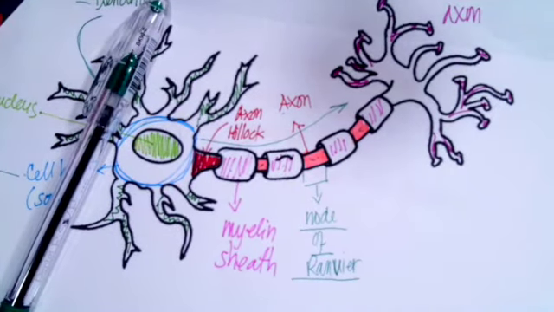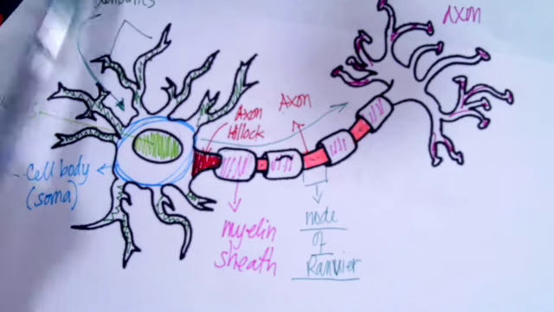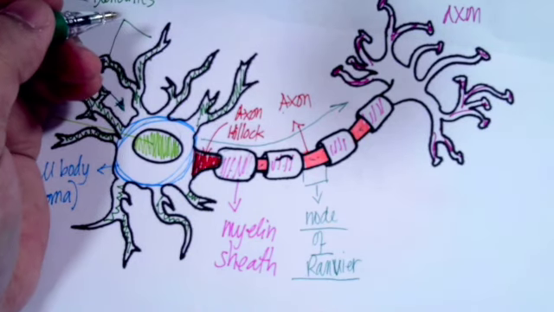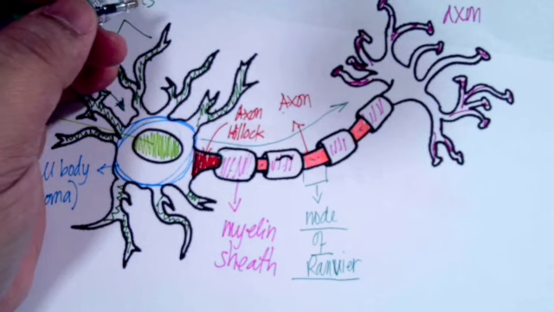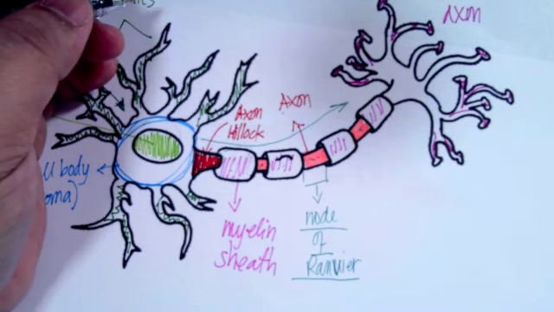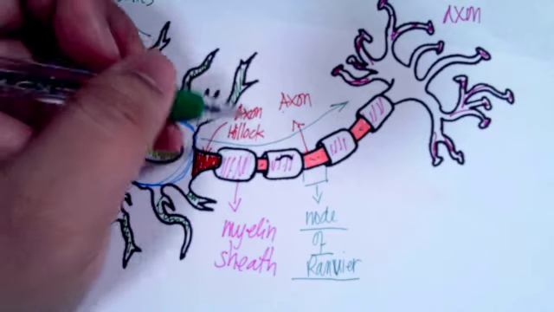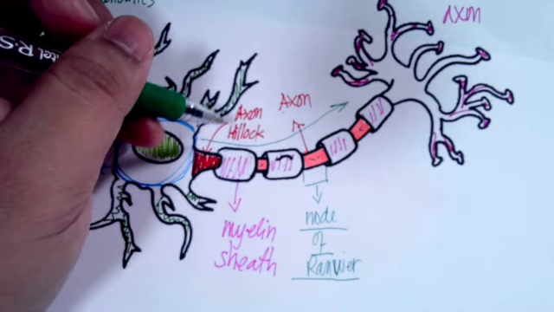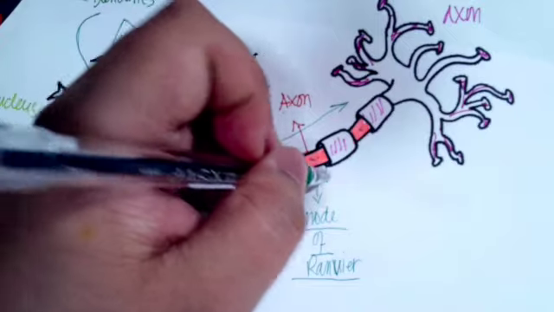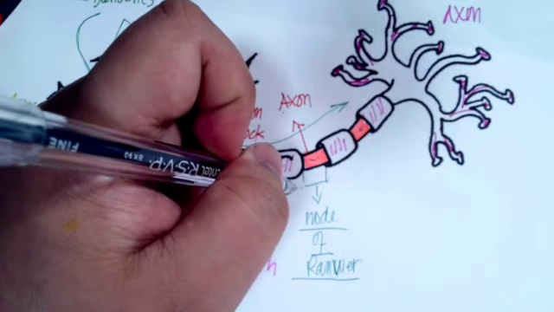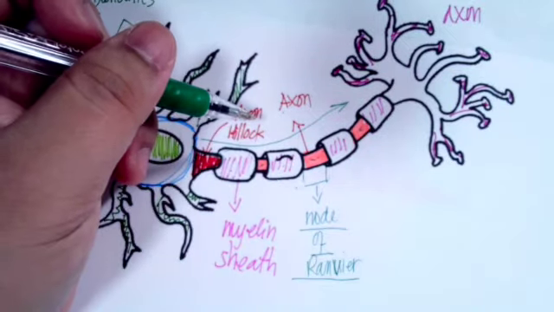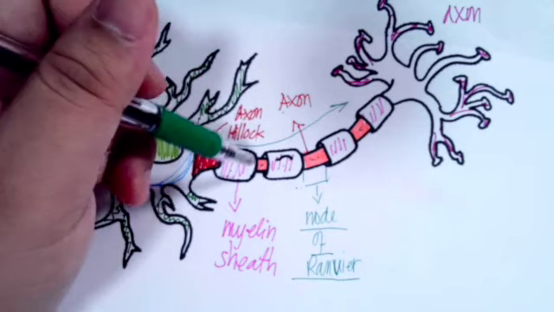I believe the function of this one is that it is placed along the axon where it is not covered by the Schwann cell, and this node of Ranvier increases the speed of nerve impulse transmission.